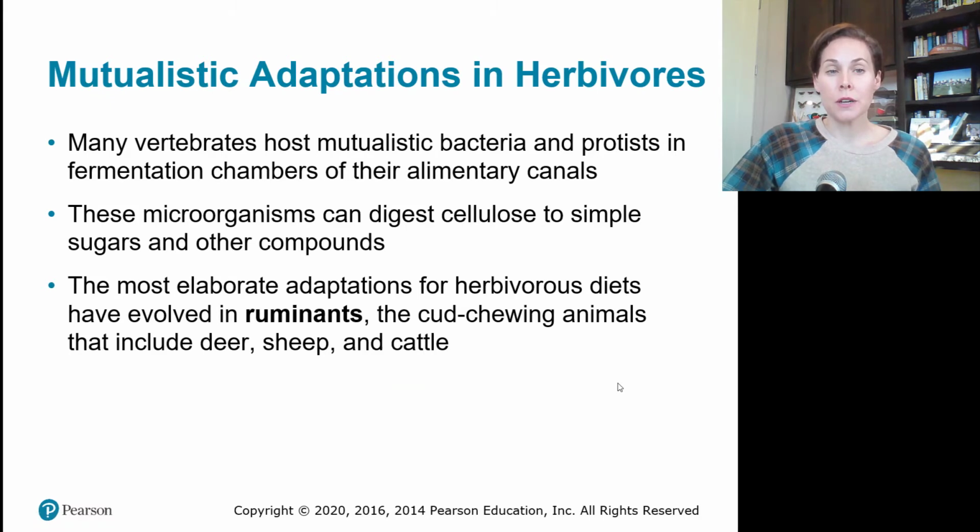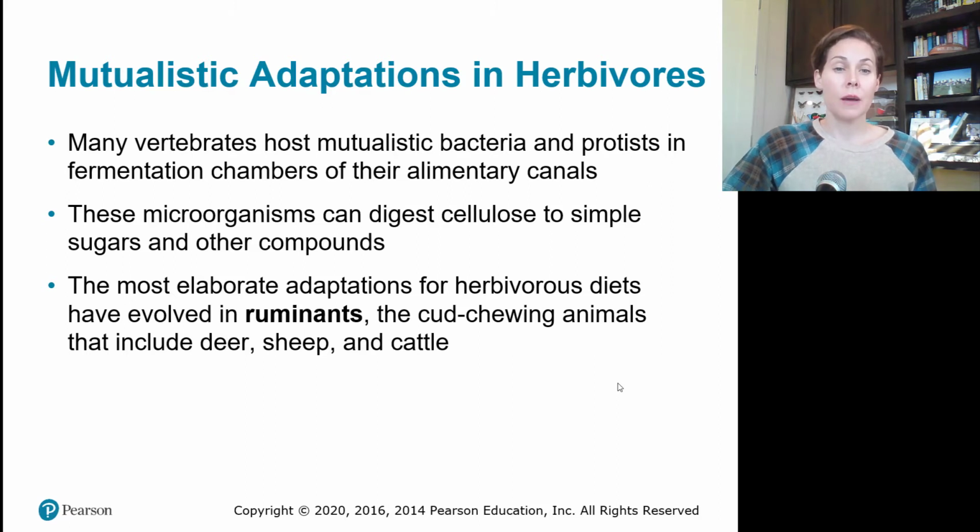Many vertebrates host mutualistic bacteria and protists in fermentation chambers in their alimentary canals, and these microorganisms can digest cellulose into simple sugars and other compounds. One of the most well-known, quintessential examples of this is the herbivore diet in ruminants. These are cud-chewing animals like cattle, or cows are probably the one that you think of the most, but also deer and sheep.